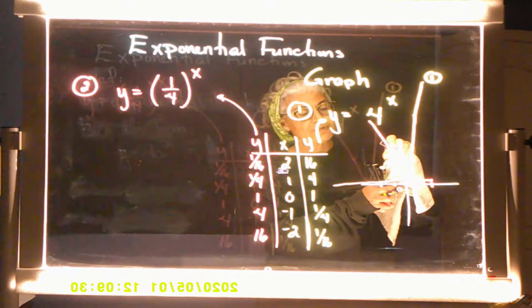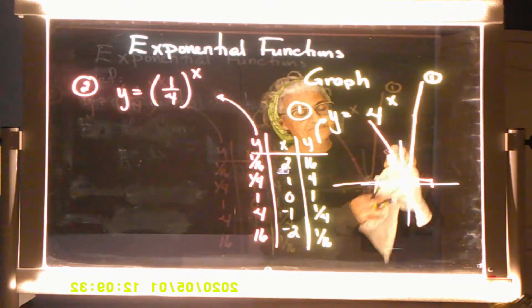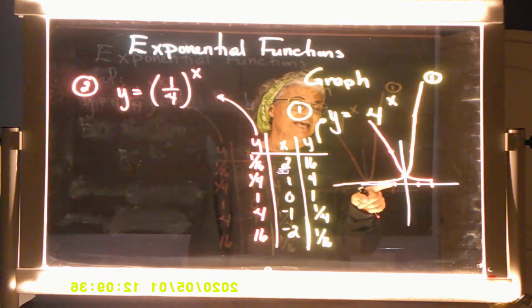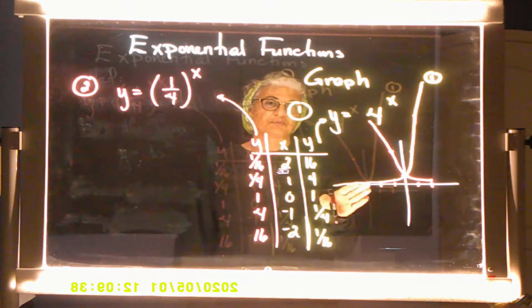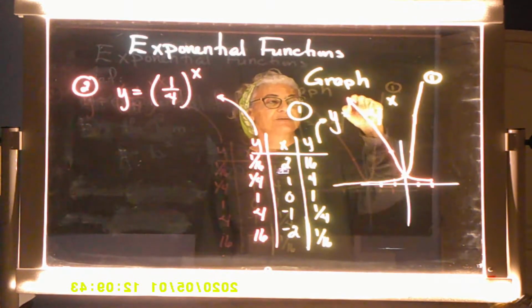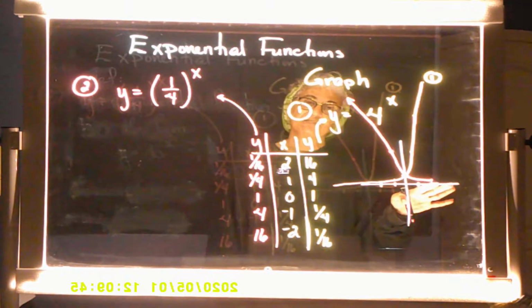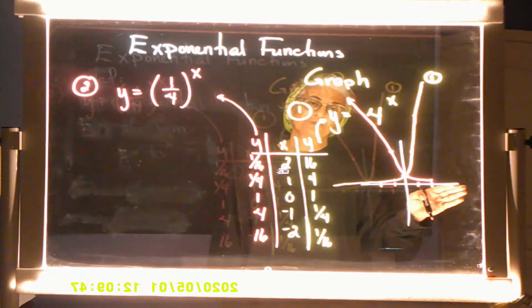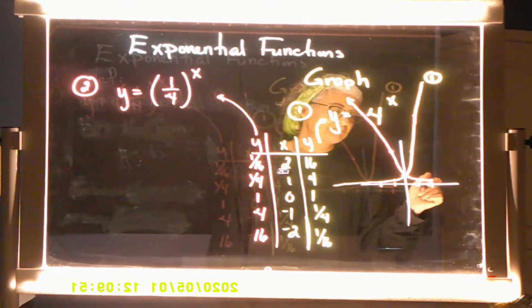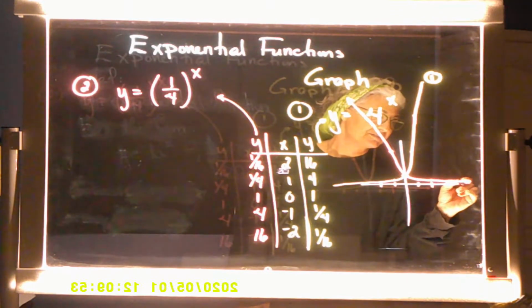So the graph we just did, when I take a look at it, the question is this. As I keep plugging in negative numbers, what happens to this end of the graph? Yeah, that keeps going up, doesn't it? And this end of the graph, when I keep plugging in positives, will it ever be a negative number? Nope. Will it ever be a 0? Nope. So here's the deal.